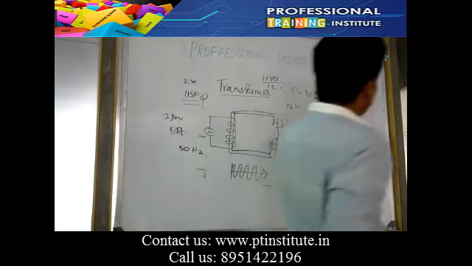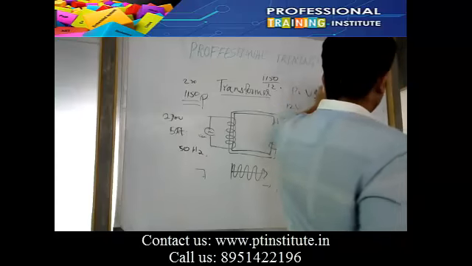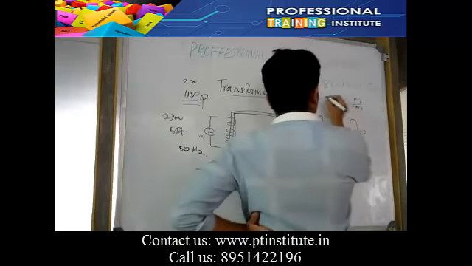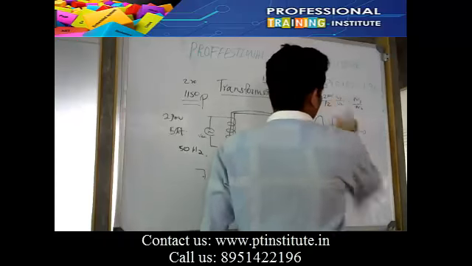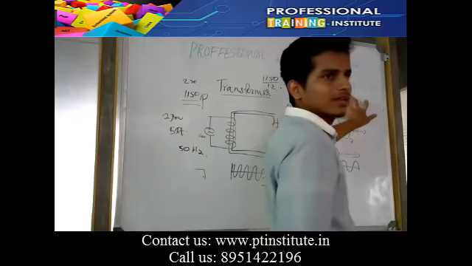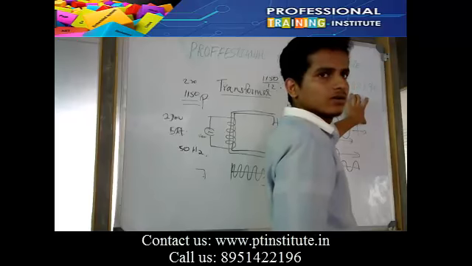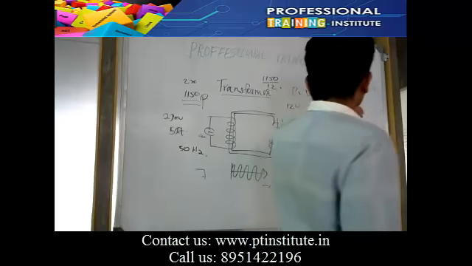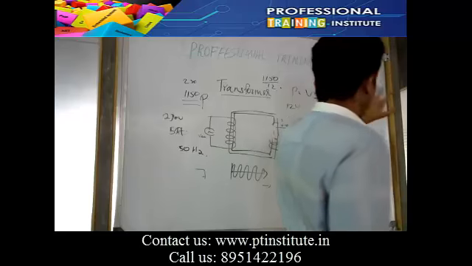This is the formula for number of turns and voltage. V1 is 230 by V2 is 12, the output. We can consider N1 and N2.